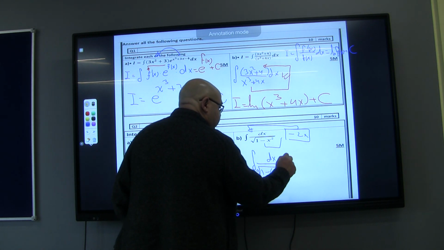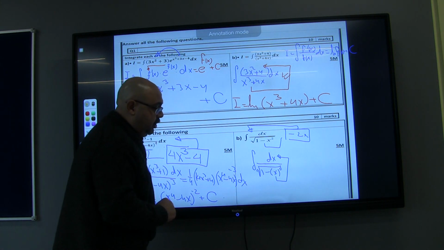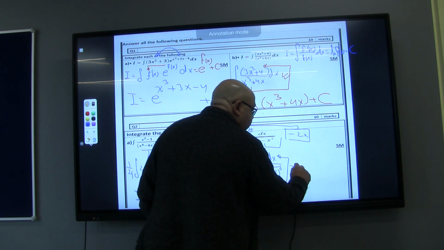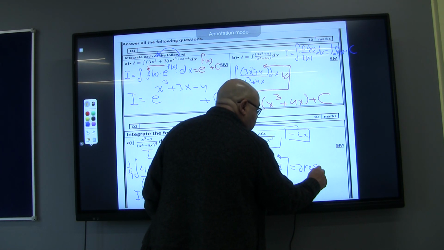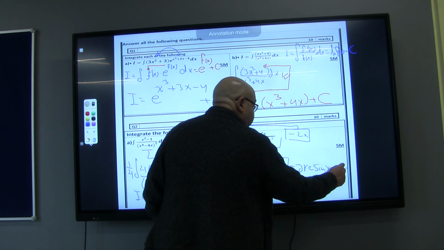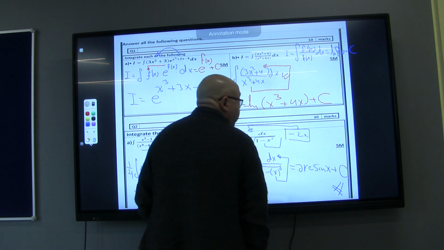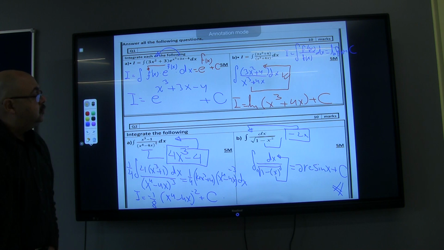The derivative of x is 1, and it's almost there, so simply the answer will be arcsine x plus a constant, which is really a very simple problem to resolve.